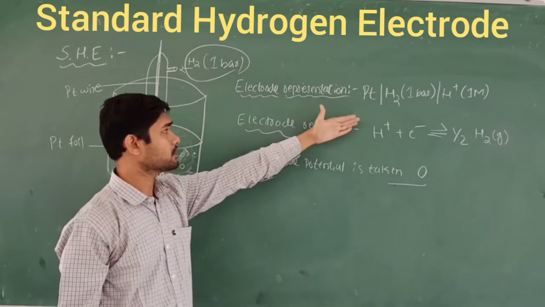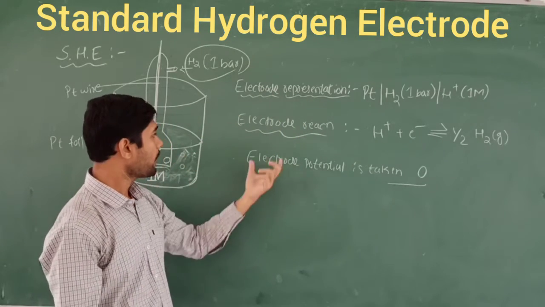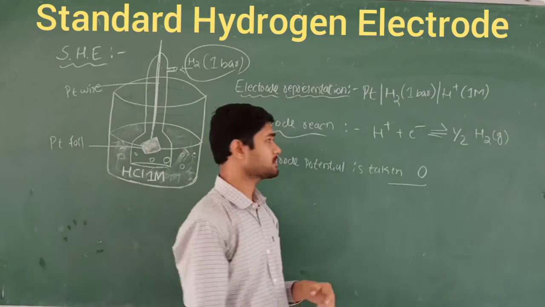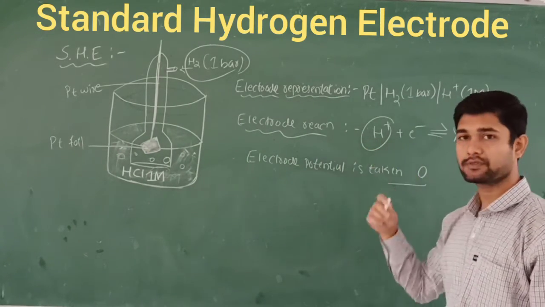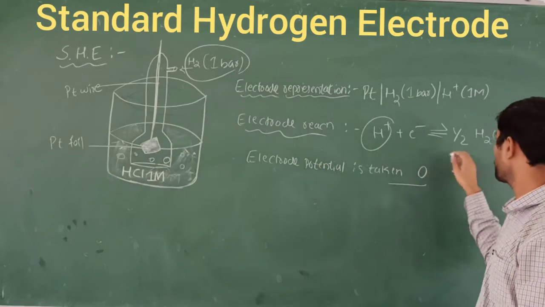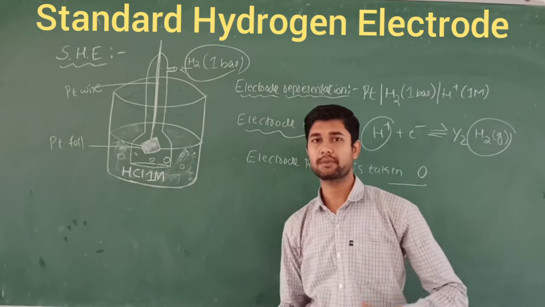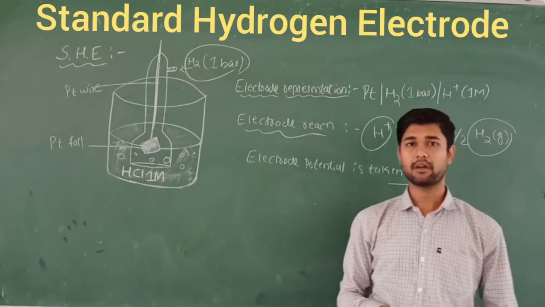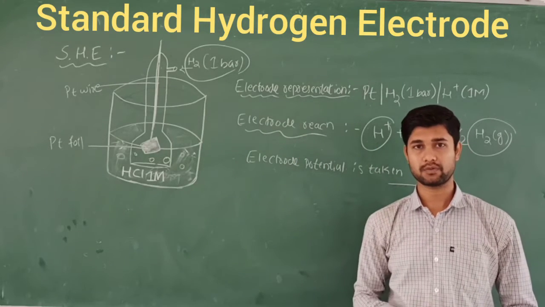This is the representation of the standard hydrogen electrode cell. The reaction is based on the hydrogen gas, because H plus gains electrons and the bubbles start, so hydrogen gas is evolved, and the potential is always taken as 0. So this is about the standard hydrogen electrode.